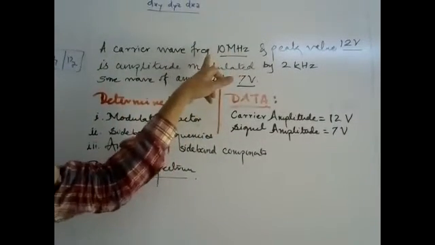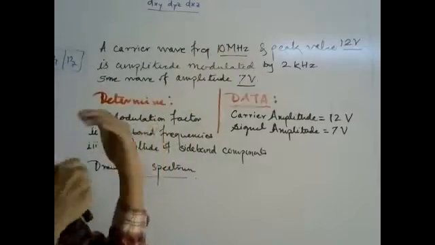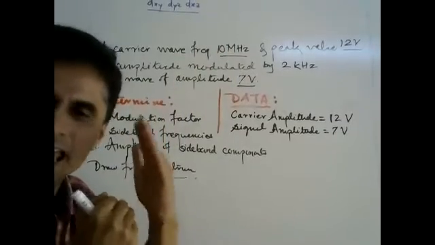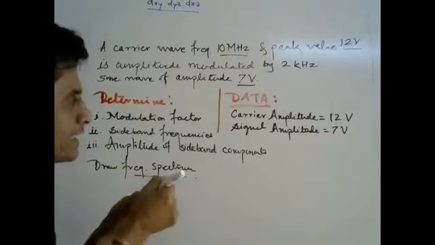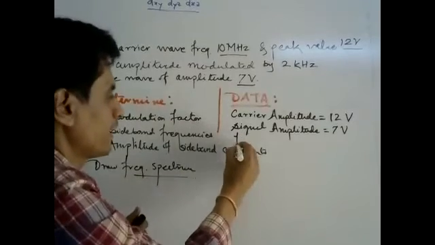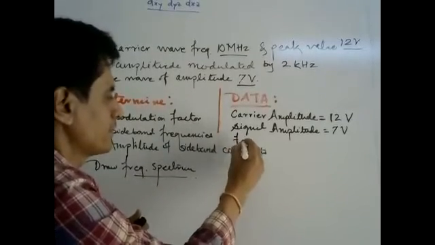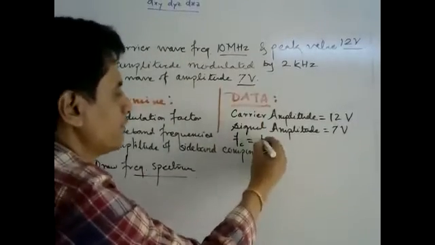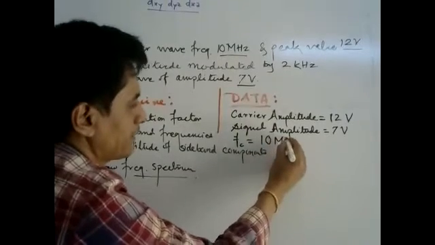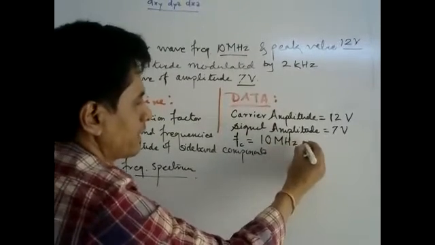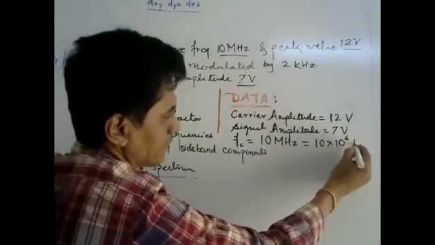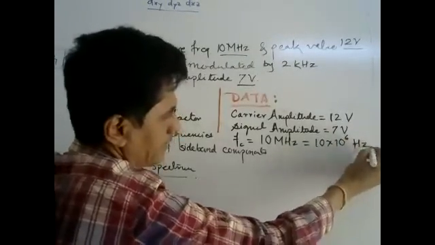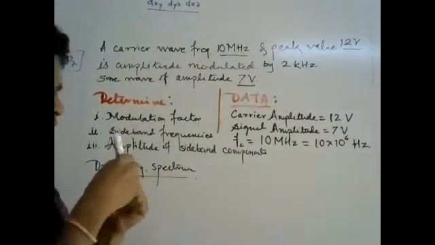Again, from this we can hear the carrier frequency. Carrier frequency is 10 megahertz, and carrier frequency is denoted by FC, C for carrier. Now, carrier frequency FC is equal to 10 megahertz. And dear student, 10 megahertz can be written as 10 into 10 raised to 6 hertz. We will convert frequency to hertz.